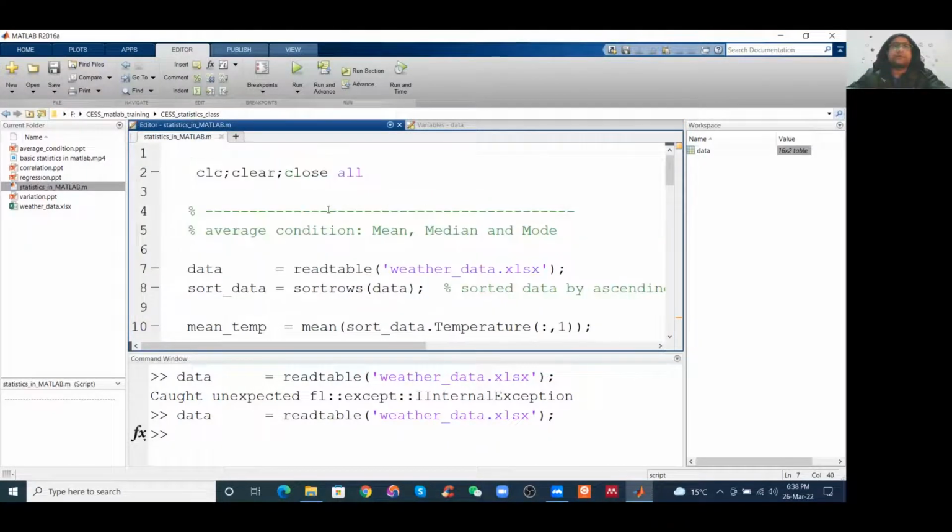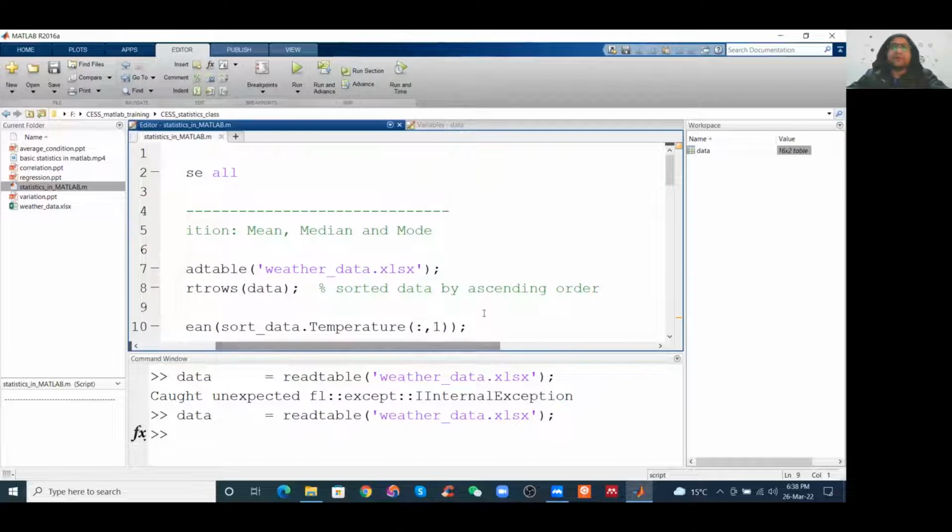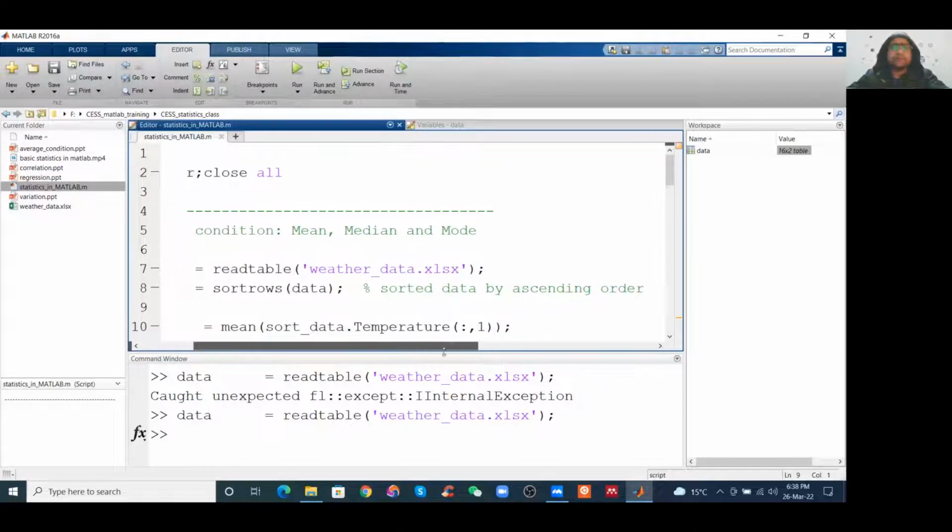First, we calculate the mean, median, and mode. For the median, we need to sort our data in ascending or descending order.